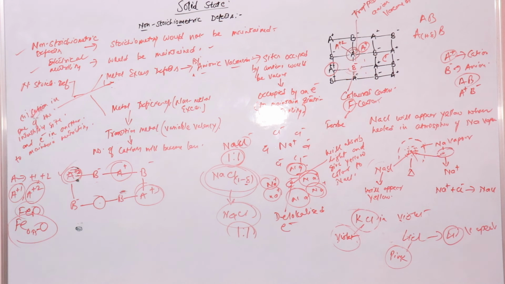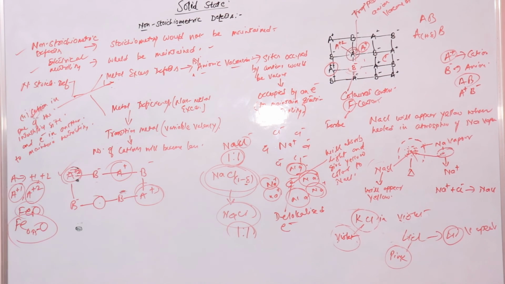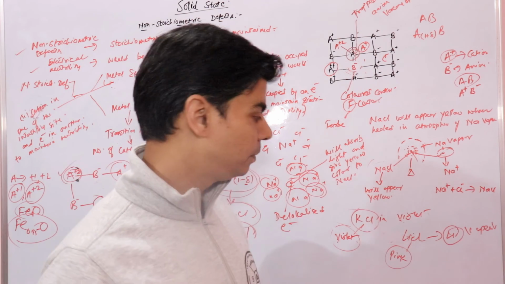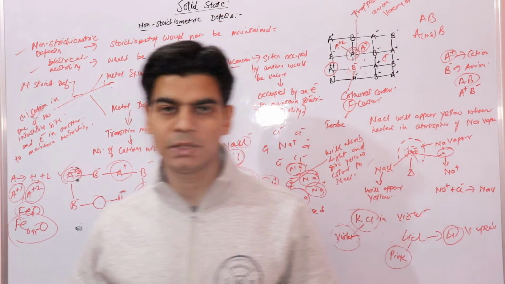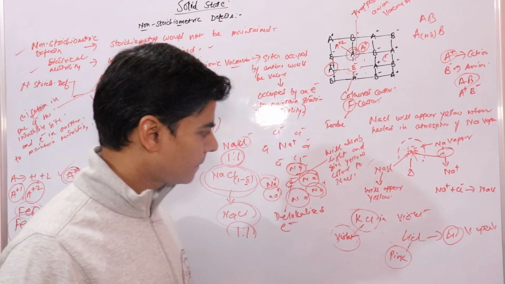Right? Now we have another type of defect, which we would be doing in another video lecture. That defect is your impurity defects, right? Impurity defects we would be doing in another video lecture. So you can just take down all these notes, right?